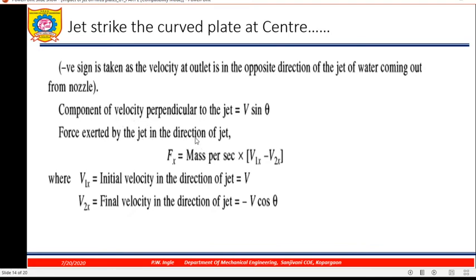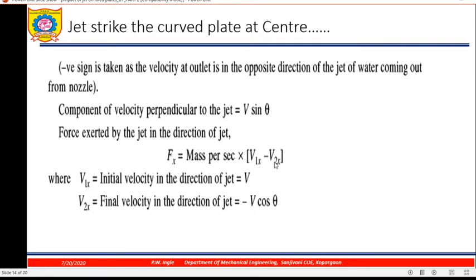Now the force exerted, taking reference of the impulse momentum principle. Now what is the impulse momentum principle? It is F dt equal to m dv. If you shift dt to the right hand side, then you get F equal to m by dt, and m by dt is mass per second, in bracket the velocity difference, that is v1x minus v2x.